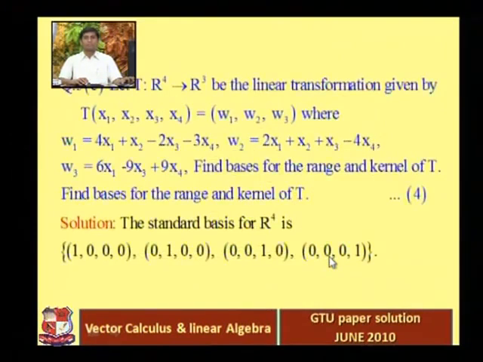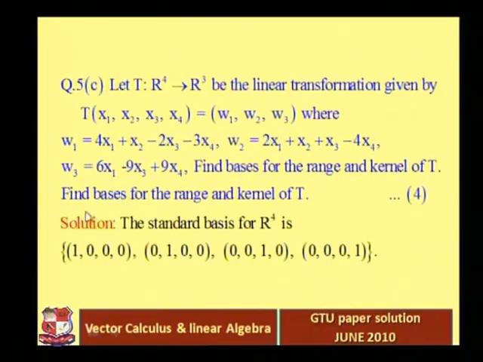Next question. Question 5c. Let T from R4 to R3 be the linear transformation given by T of x1, x2, x3, x4 equal to w1, w2, w3, where w1 is equal to 4x1 plus x2 minus 2x3 minus 3x4, w2 is 2x1 plus x2 plus x3 minus 4x4, and w3 is 6x1 minus 9x3 plus 9x4.